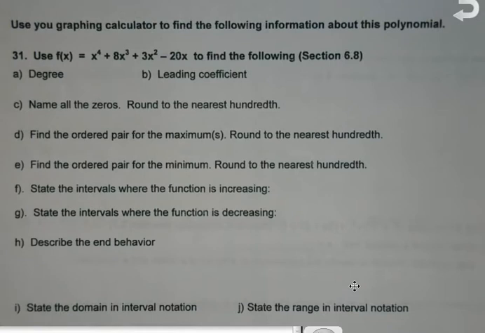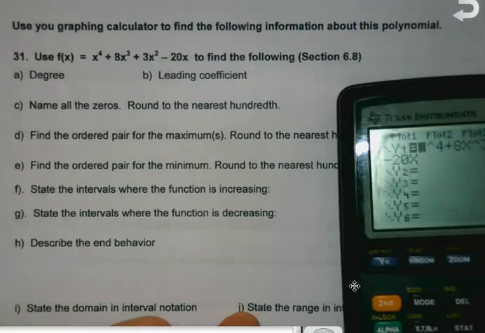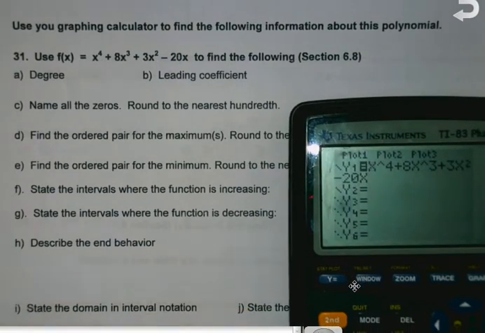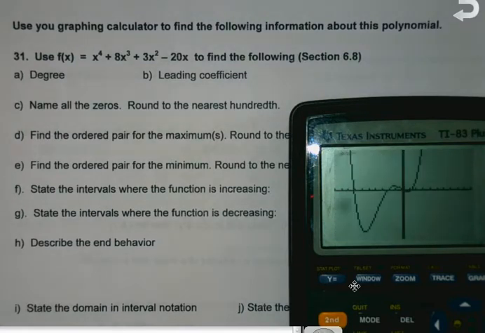Now, when I do this one, we'll get the calculator working on the side here. Make sure that you take enough time to get this typed in carefully because we don't want to go to all this work and then, I knew this one was coming. So once I get it in, okay, I'm going to go ahead, I'm going to hit graph.